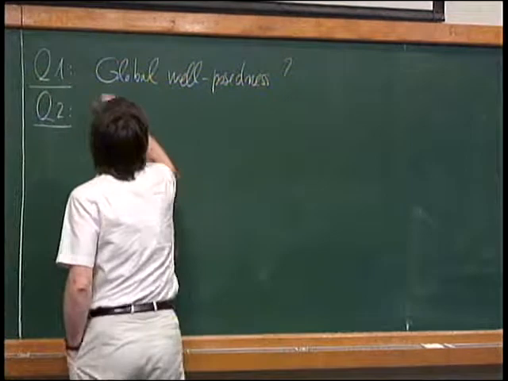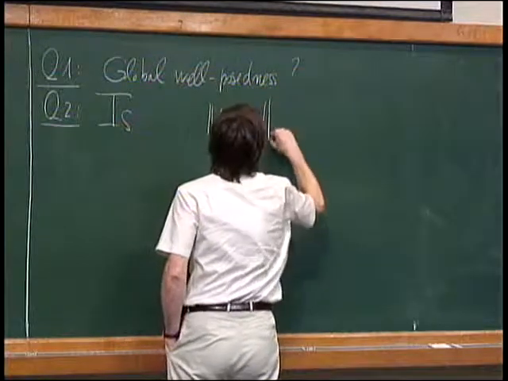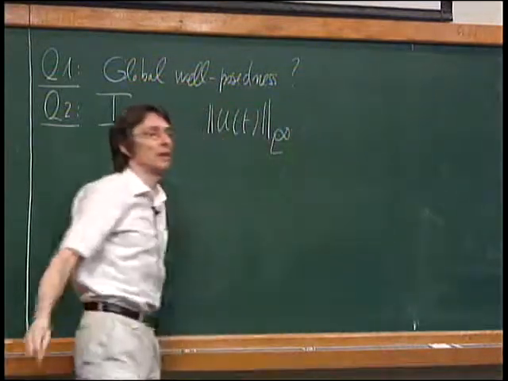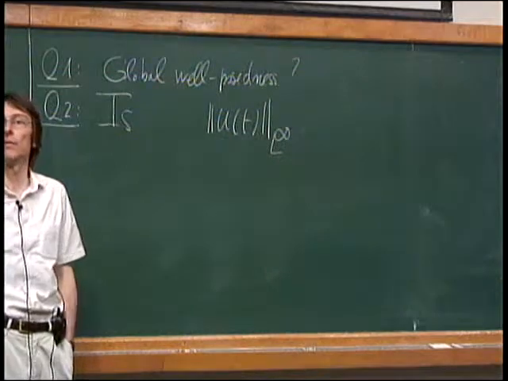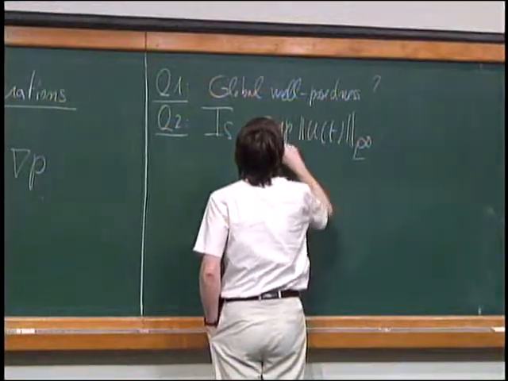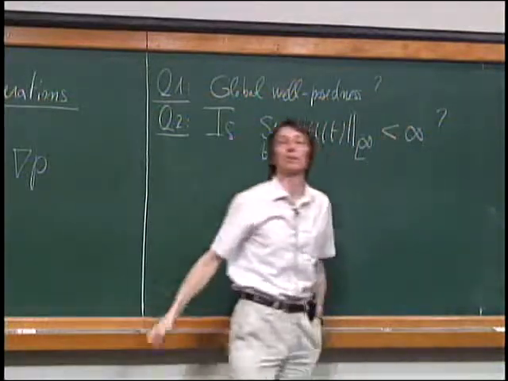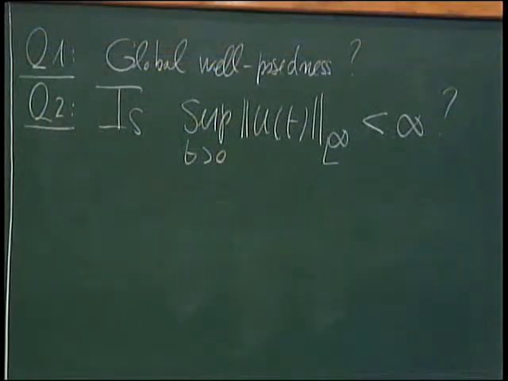So now, if I compute the L infinity norm of the velocity field at any time, this is certainly a finite quantity, but may I take the supremum over all times, and is this bounded? Does the solution remain uniformly bounded for all times?